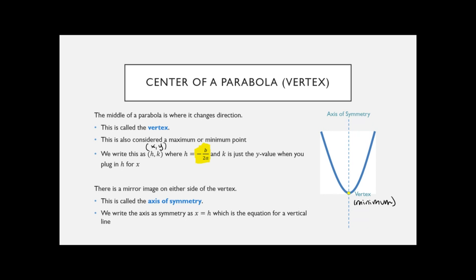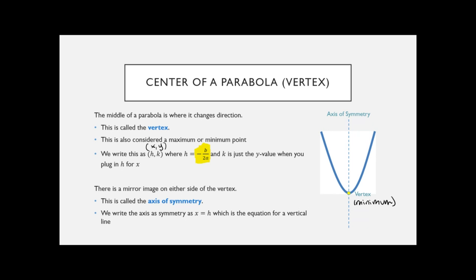It is negative b over 2a, which is actually part of the quadratic formula. If you recall the quadratic formula, you have negative b, and then you have plus or minus a whole bunch of stuff, and then it's over 2a. It's like you took just the first part of it. And so that gives you your x value of the vertex. You just use that formula. And then to get the y value, k, you plug your x into the equation, and then that will give you y. So that's how you find your vertex.